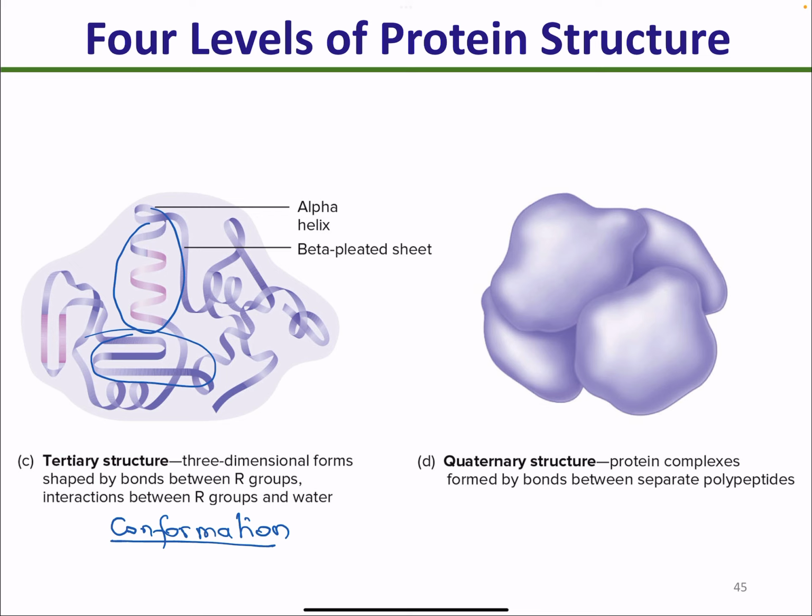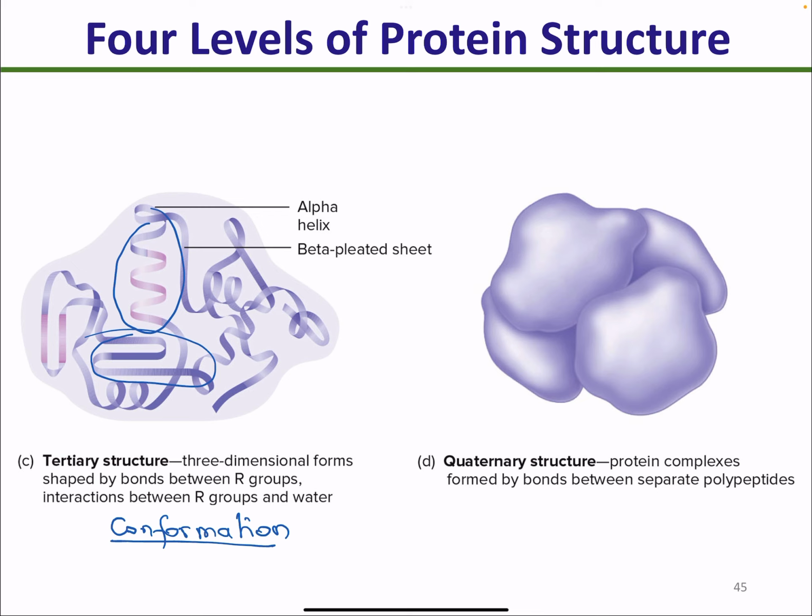Two molecules of hemoglobin in 3D shape, perfectly formed, cannot carry oxygen. Three molecules of hemoglobin cannot carry oxygen. You need four molecules of hemoglobin interacting with each other. Only then can hemoglobin carry oxygen the way we know it to carry oxygen in our system.